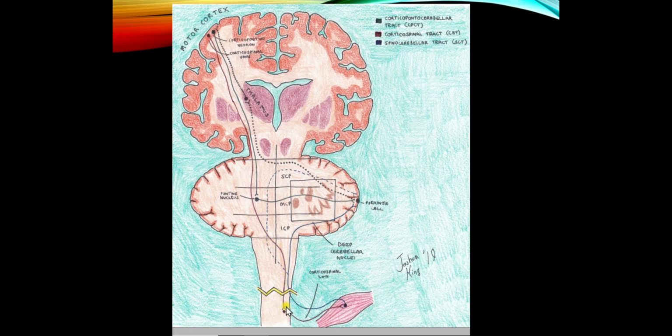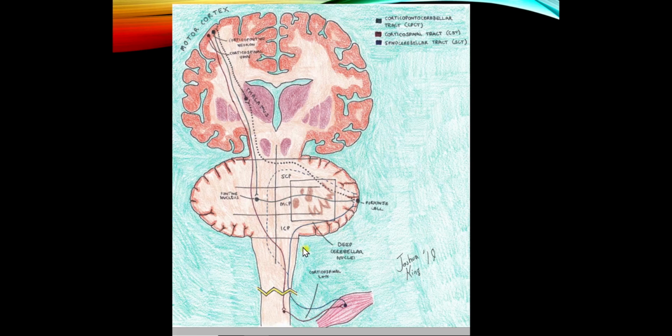It is going to activate neurons in the spinal cord to move muscles on the opposite side of the body. Let's say I want to pick up a pen with my right hand. The left motor cortex is going to activate this pathway to move muscles in my right arm and hand so that I can accurately perform that function. That is the intended movement.